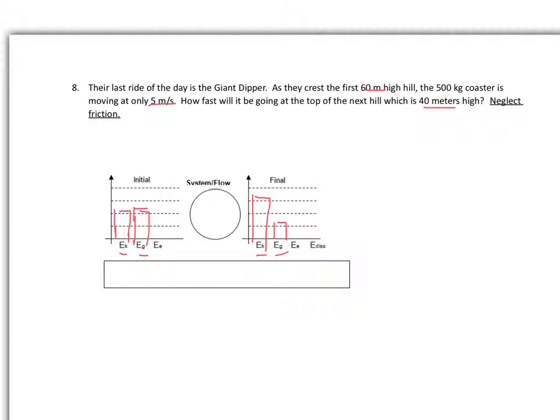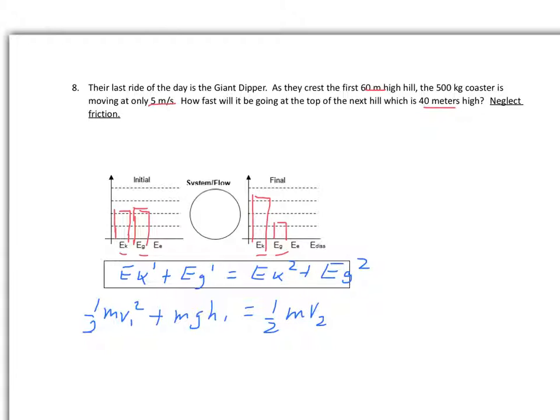So what this means is that to conserve energy, we're going to have EK1 plus EG1 equals EK2 plus EG2. I'm just calling them 1 and 2 so we can talk about before and after. So the way we want to set this up is 1/2 mv1 squared plus mgh1 equals 1/2 mv2 squared plus mgh2.